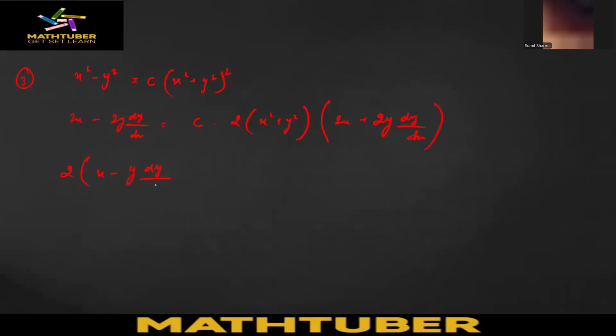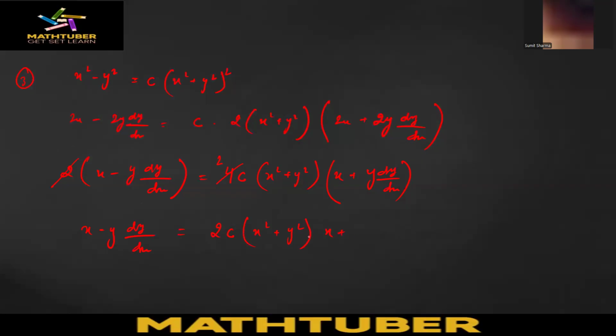We'll get (x minus y dy by dx) is equal to, if we take 2 common from here also, and one more 2 is here, so it is 4c (x square plus y square)(x plus y dy by dx). So 2 will get cancelled. x minus y dy by dx is equal to 2c (x square plus y square)(x plus y dy by dx).